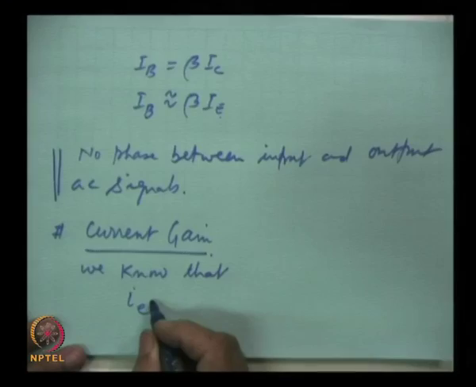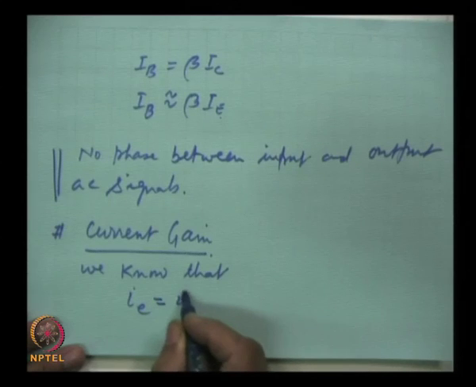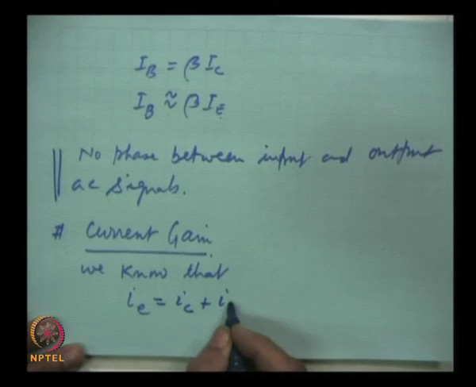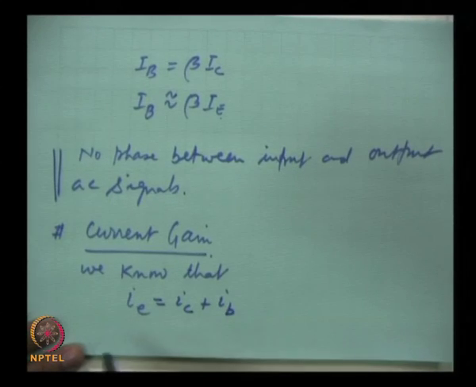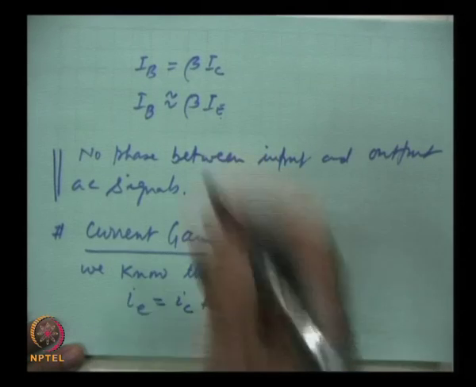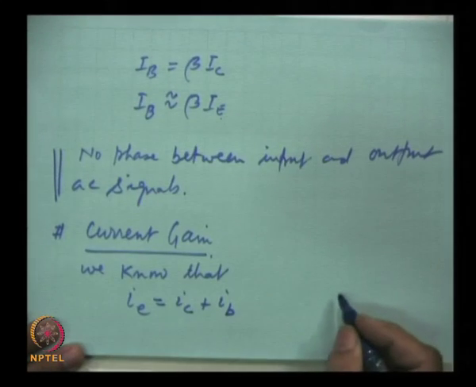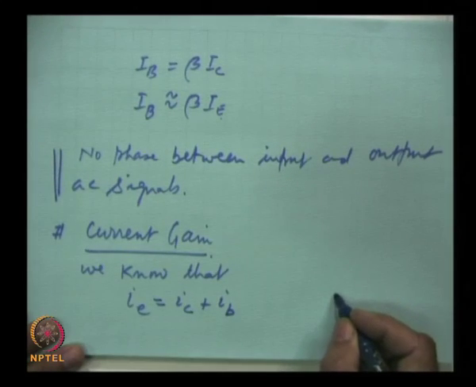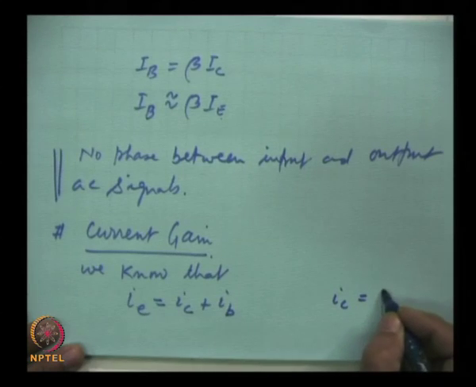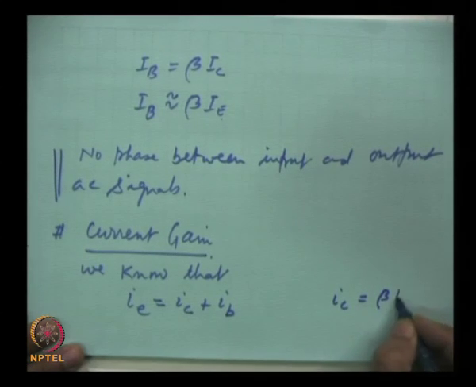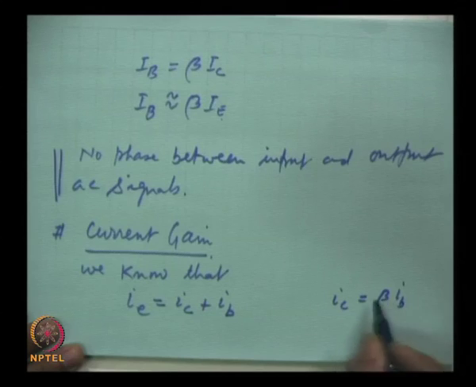So, I e is equal to I c plus I b, and also as we have seen here that I c is equal to beta times I b, from where the fundamental definition of beta comes.